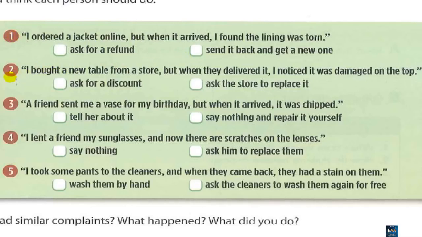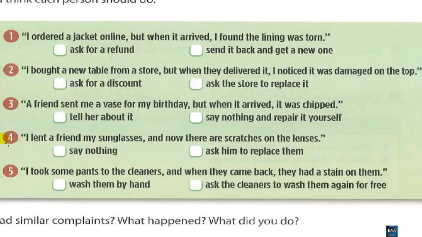I bought a new table from a store, but when they delivered it, I noticed it was damaged on the top. Ask for a discount. Ask the store to replace it. 3. A friend sent me a vase for my birthday, but when it arrived, it was chipped. Tell her about it. Say nothing and repair it yourself.